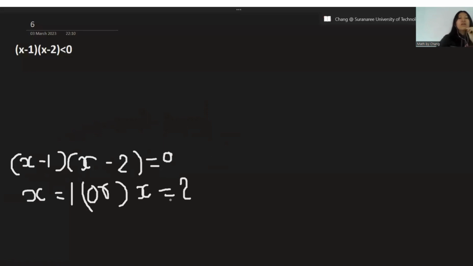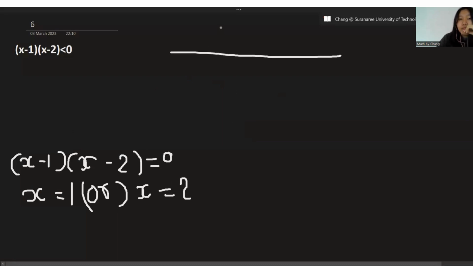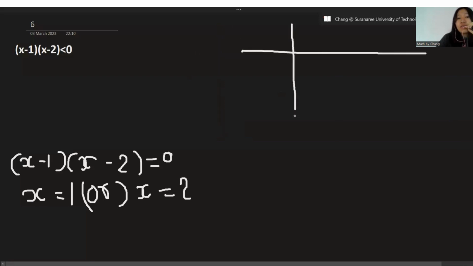Okay, so let's draw some graph like this. You will need a bit more space. Here will be the interval, and here is x minus 1.